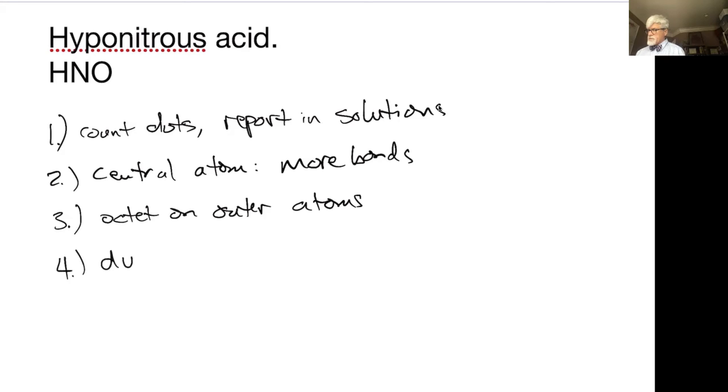But hydrogen gets what we call a duet. I just want to make that a separate step to remind you that octets are not for everybody, hydrogen doesn't get one.